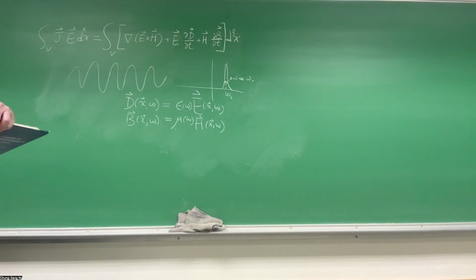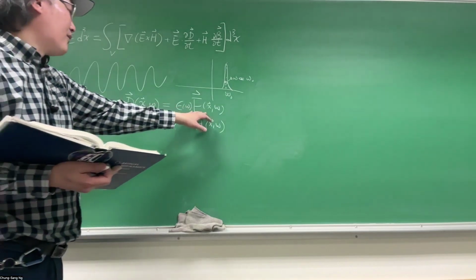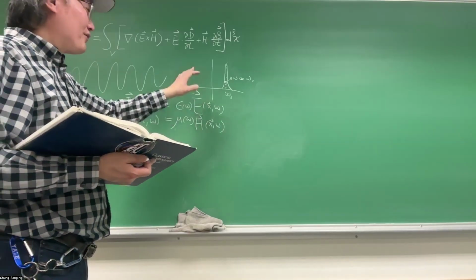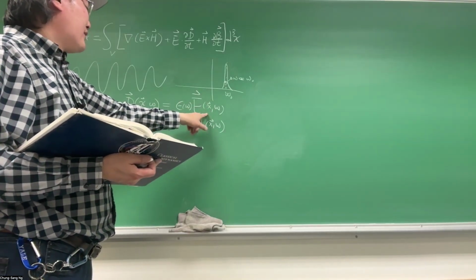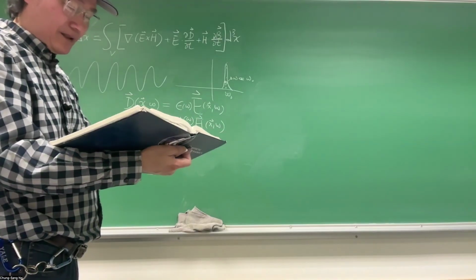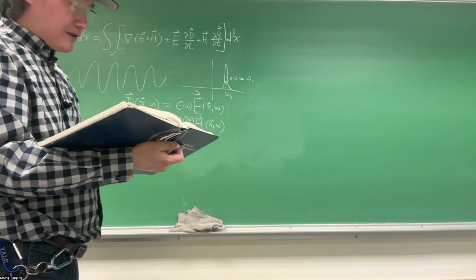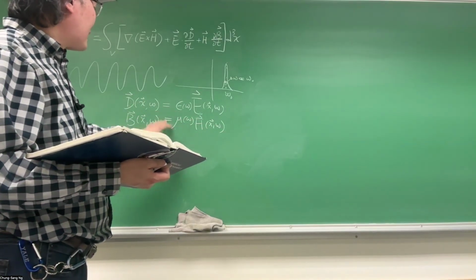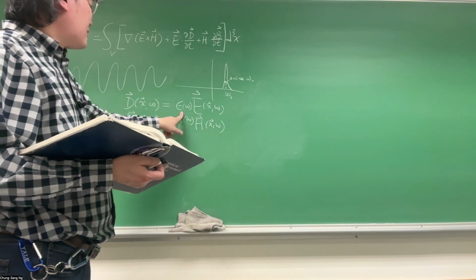And in chapter 7, we apply the so-called causality to discuss that, because it depends on a range of time, but it should not depend on future values of E. That is another story, but we'll wait to talk about it. Right now, it's just saying that this is more general.